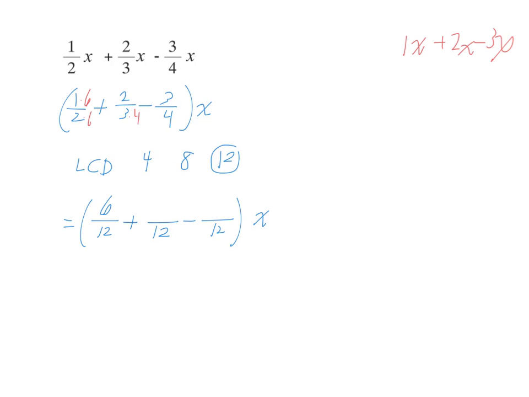The second one multiplied by 4. And the last one by 3. Now we can add them up. 6 plus 8 minus 9 is 5. So I have 5/12 x.